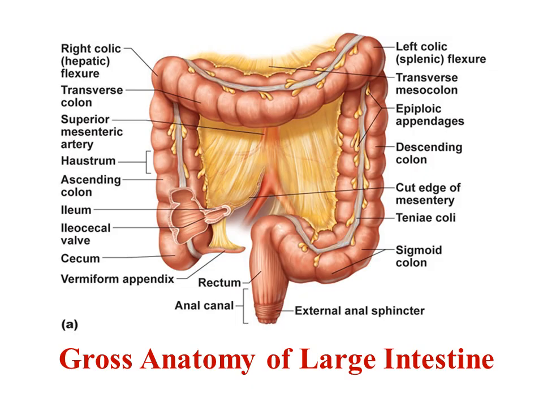You can see the appendices epiploicae and part of the ileum, the ileocecal valve, the transverse colon, and the superior mesenteric artery. Those can all be seen here, as well as the rectum and the anal canal.